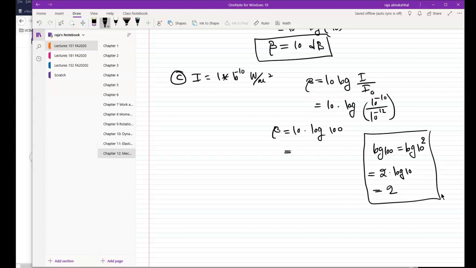See that? I did it mentally, in my head, but that's basically what it is. Pretty easy. So it's going to be 10 times 2. So that will be 20 decibel. Did I say 100? Anyway, it's 20, right? So, got it, guys? Okay.